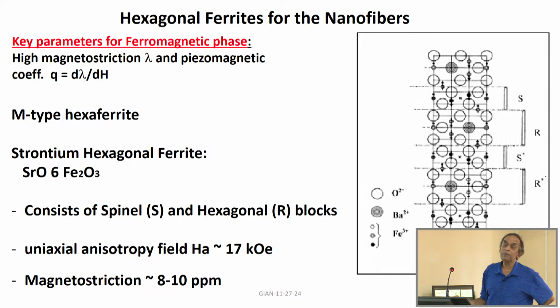So, in some of the composites with M type hexagonal ferrites, the magnetoelectric effect is not very strong, but the advantage is that they have a built-in magnetic field. So, for different applications, you may be able to use the composite as it is without having to apply an external magnetic field, because it is self-biased. There is a field present in it, and that is the advantage with some of these composites.